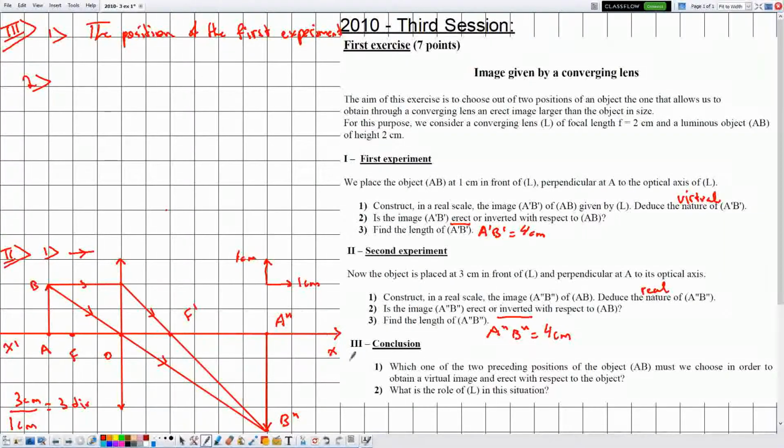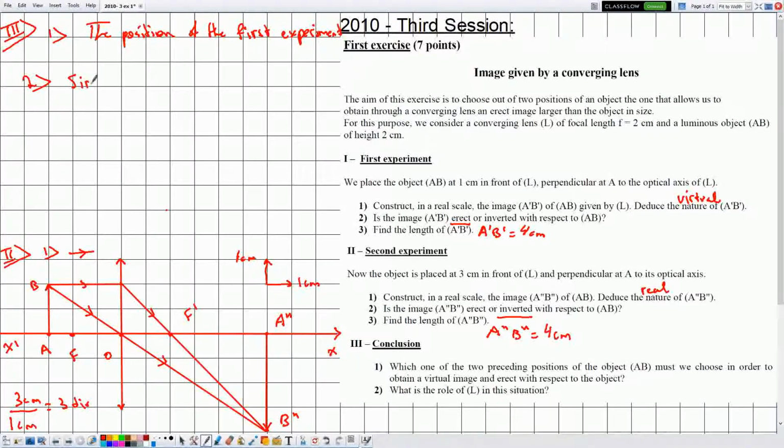Now number 2, what is the role of L in this situation? Okay, we are in the situation of the first experiment. The image is virtual and larger in size, and we know that whenever the image is virtual and larger in size, this is the role of a magnifier.